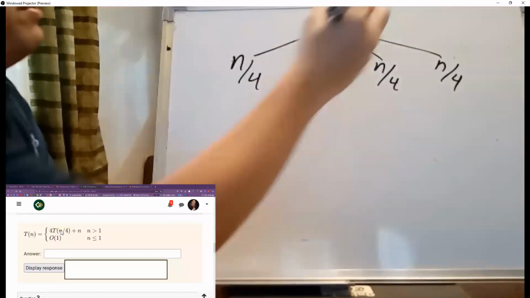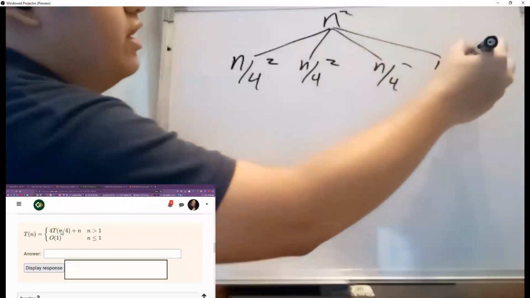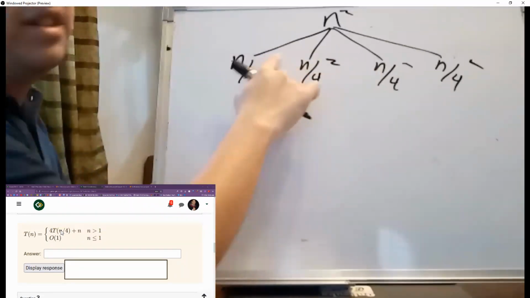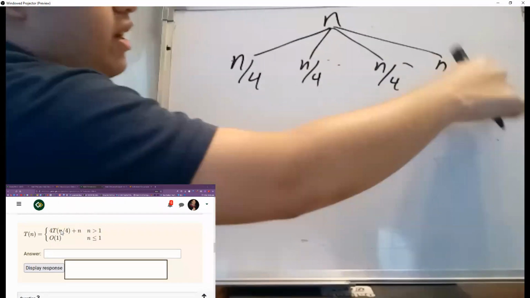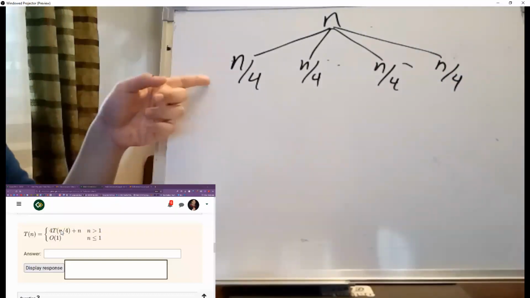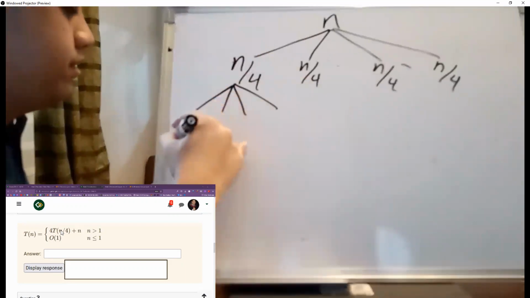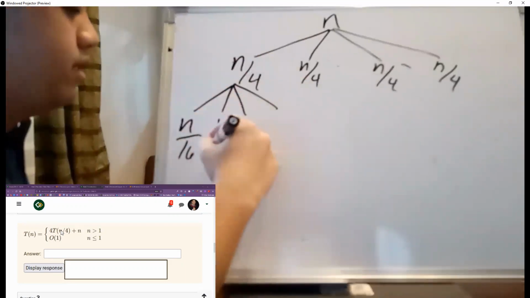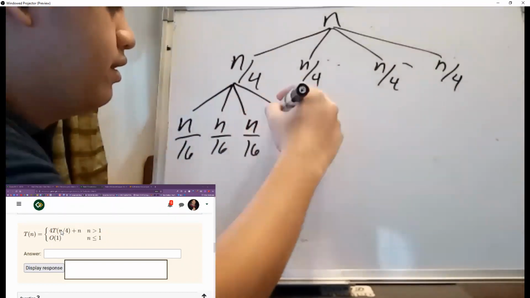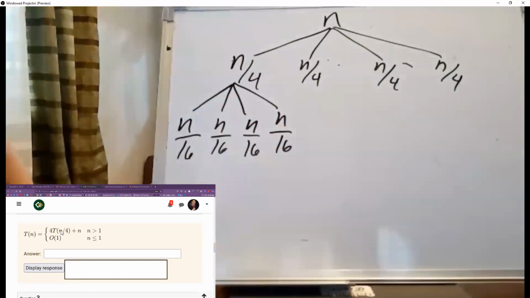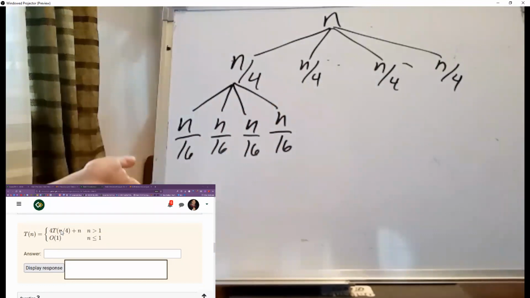And then kada isang level dito is gagawa din siya ng 4 na recursive call. So nakikita ba yung paano siya nabubuo yung ating tree?